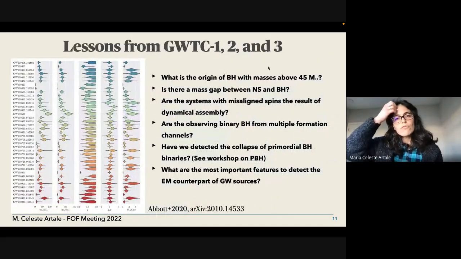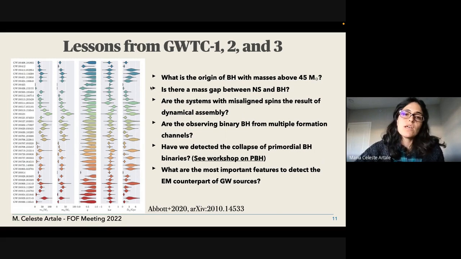From all these catalogs, all these binary compact objects that were detected by the LIGO-Virgo-KAGRA collaboration, a lot of interesting and exciting questions appear. For instance, as I mentioned before, the origin of black holes with masses above 45 solar masses in this pair instability mass gap.